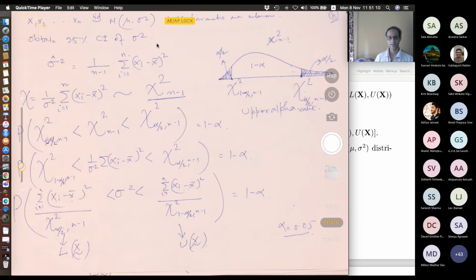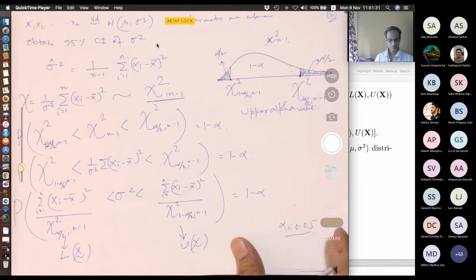Most of the cases, it will be converted to normal 0,1, or t, or chi-square, or F. If you are going for the comparison of variances, you need to go by the ratio of variances, and that statistic will turn out to be an F statistic.